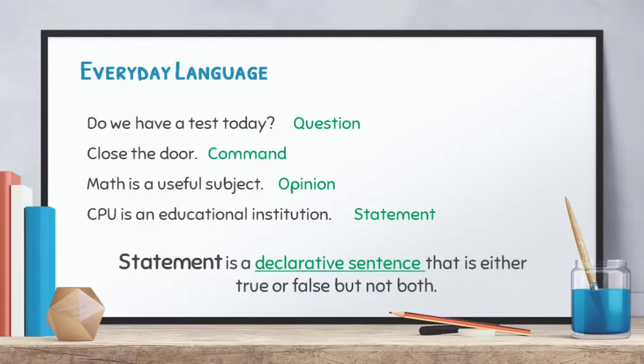Statement is a declarative sentence that is either true or false but not both. So meaning, if you have a statement, it could be a true statement or it could be a false statement. But there is no statement which is mutually exclusive statement. Okay?